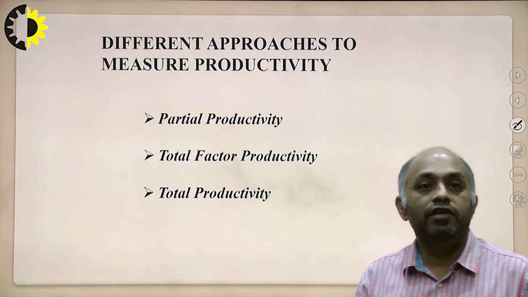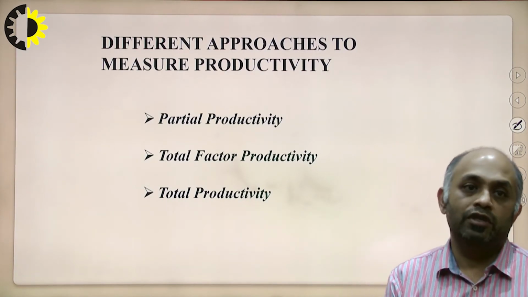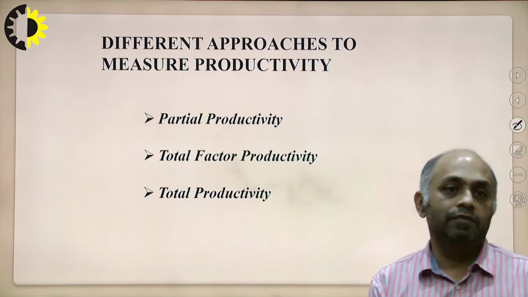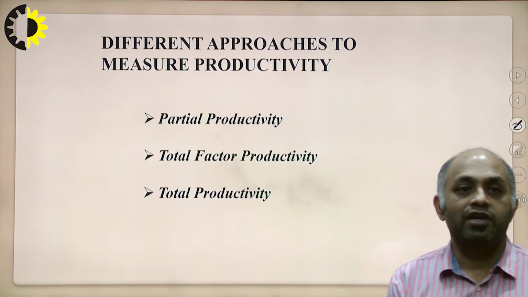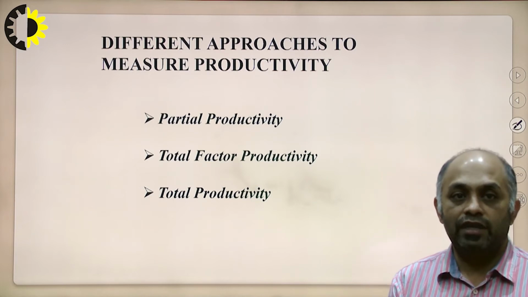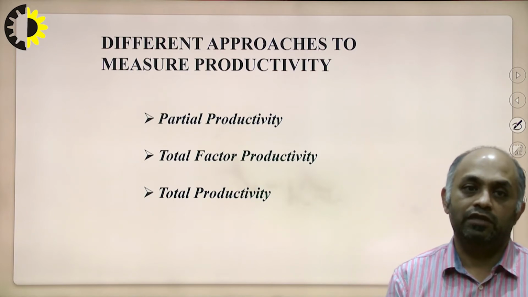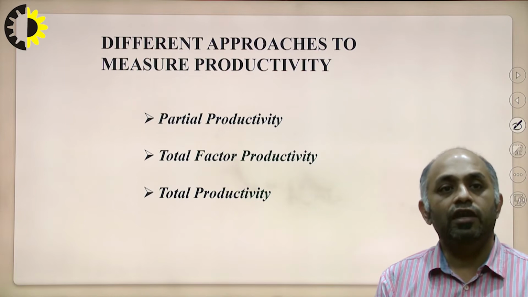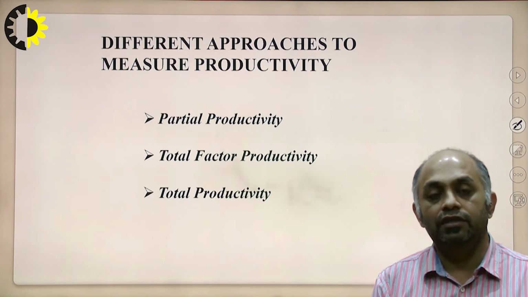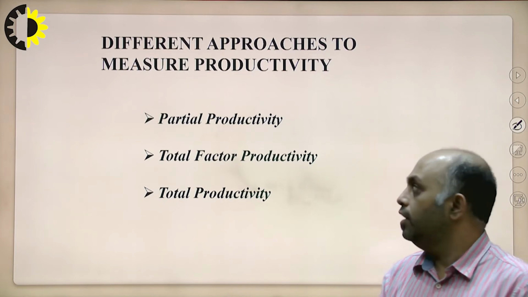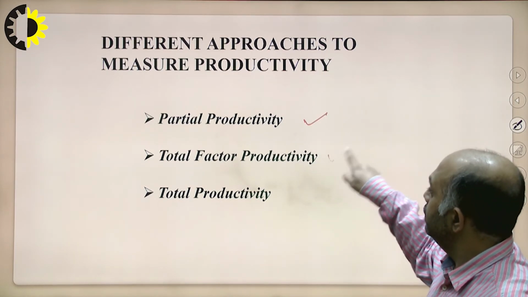So, we will move forward. Now, we will see different approaches to measure productivity. There are three basic ways by which we can measure productivity. These are partial productivity, total factor productivity and total productivity. We will see how they are different, what their limitations are and what their advantages are in the system, and that way we can understand how to measure these three things, right.